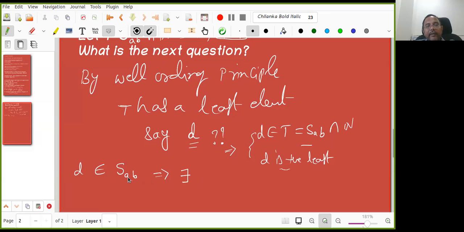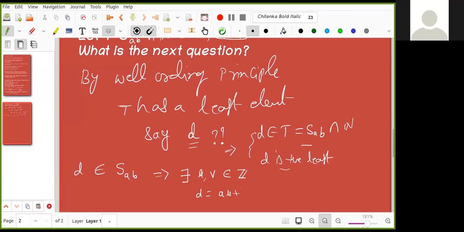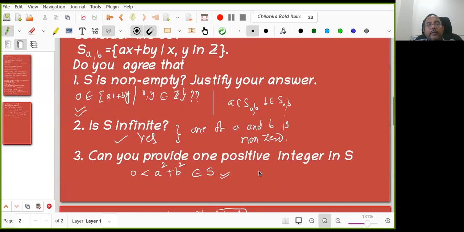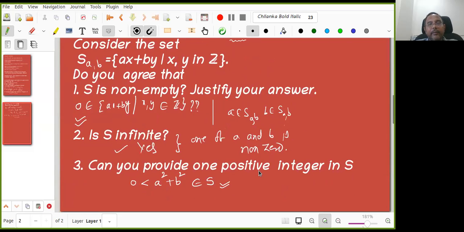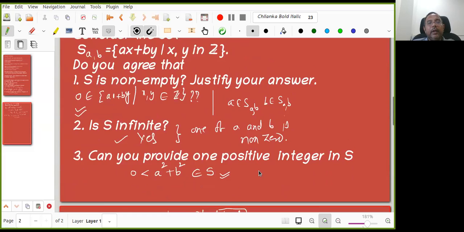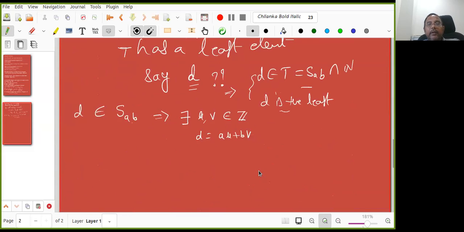Every element in S_AB looks like AX plus BY. So there exist some integers U, V such that D is equal to AU plus BV. Again, I'll repeat all the things. I started with some set S_AB, AX plus BY, and I produced what is now D?